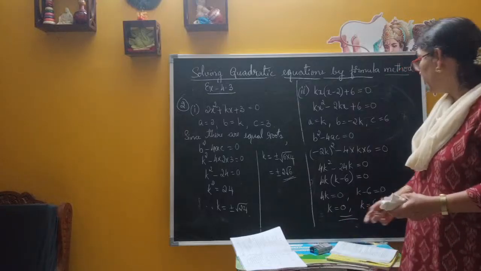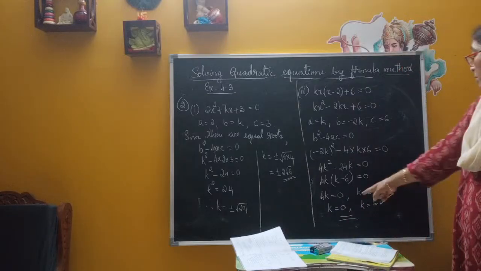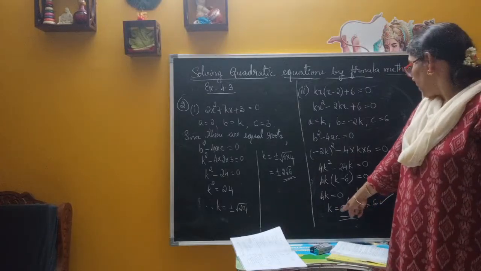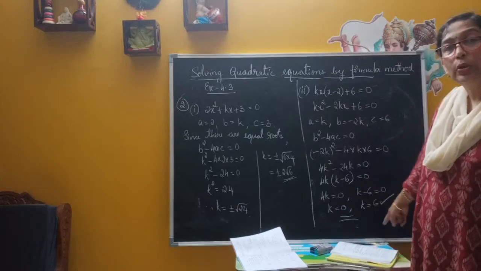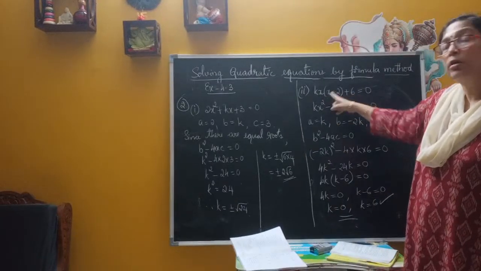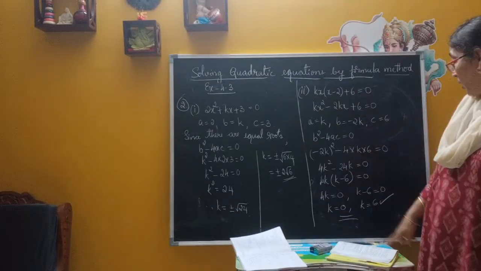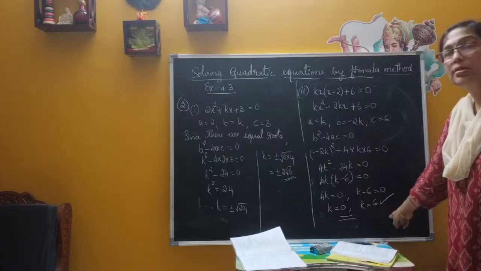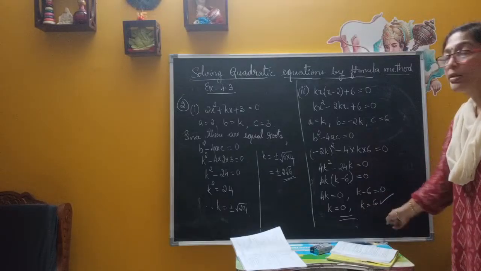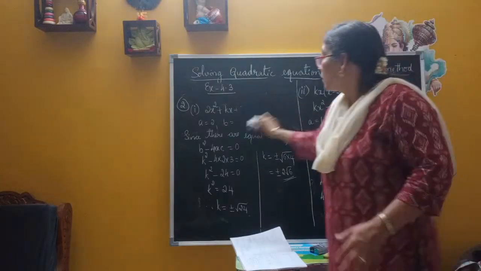Okay. Right now, therefore, since k is 0, if you take k is equal to 0, we do not get a quadratic equation at all. Therefore, k value is 6. The required number is 6. Get the conclusion?